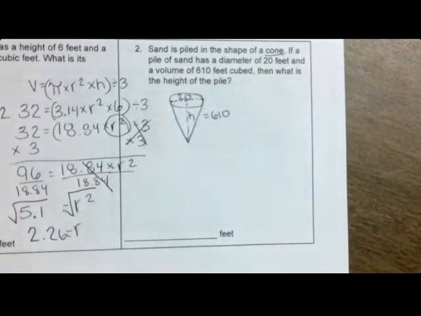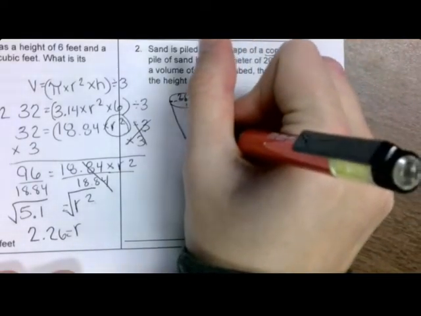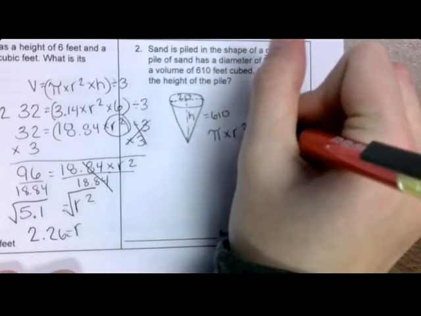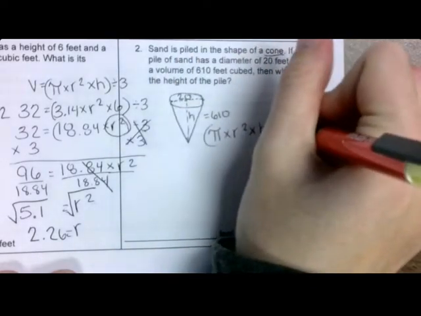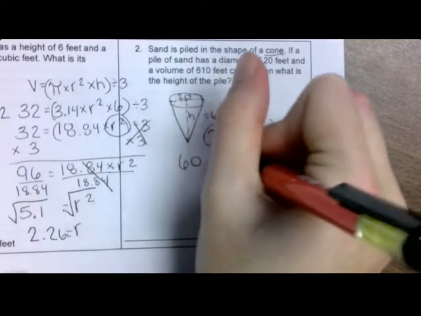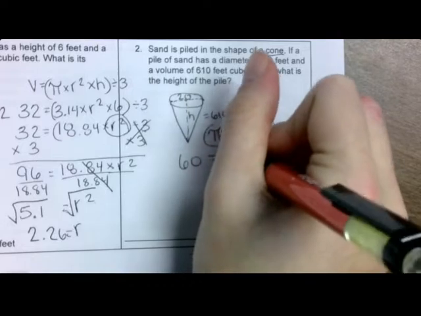So this time we are searching for the height. So first, let's write our formula. We have pi r squared, that's the base, times the height, all divided by 3. Easy steps, plug in what we know. 610, 3.14.